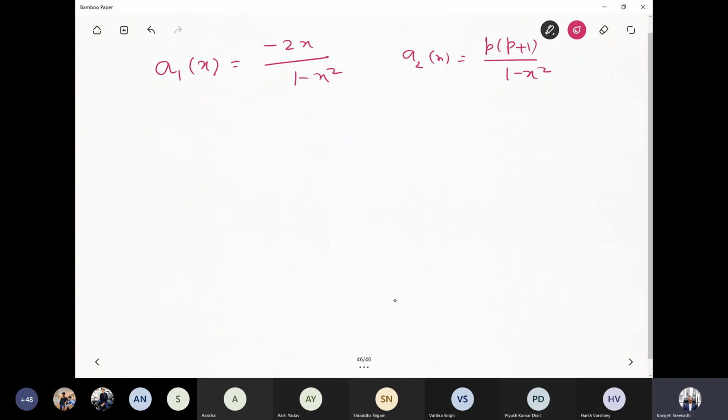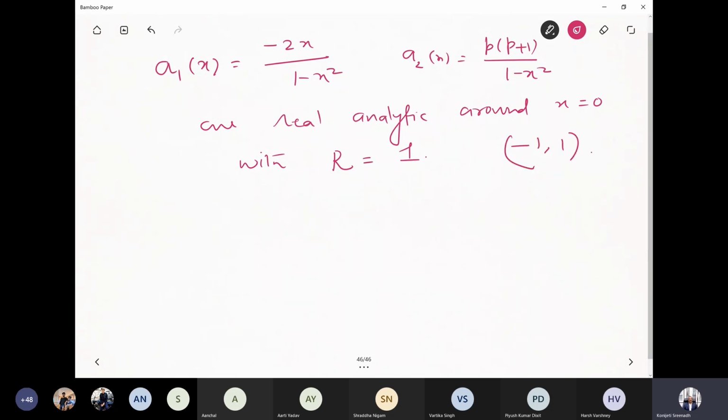Both these things are real analytic around the point x equals 0, with the radius of convergence equal to 1. The validity of the power series is in the interval minus 1 to 1.